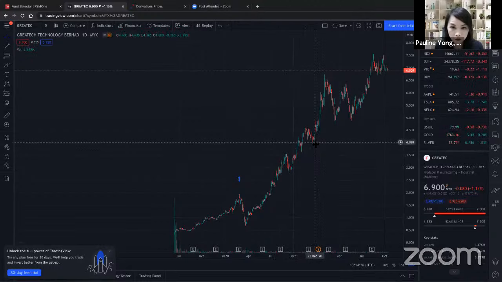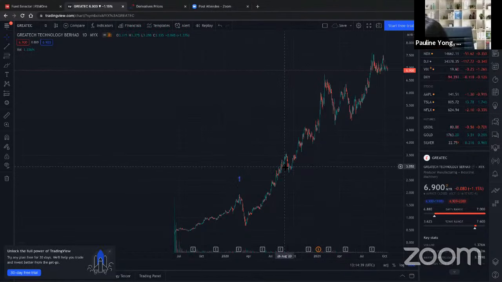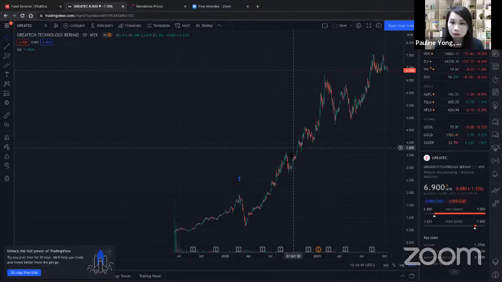And then wave number 4 here, you can say that it's wave number 4. It's not very obvious, but why don't you use the Fibonacci, it's a subwave. Okay, because now we are looking at the wave counting.